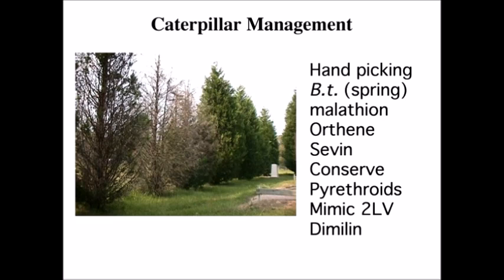Bacillus thuringiensis is a nice environmental product that a lot of people like, and this is most appropriate in the spring or whenever the caterpillars are small. So that works well. And then there's a list of lots of different things that you can use depending on your choices and desires, and we even have an insect growth regulator that is available.